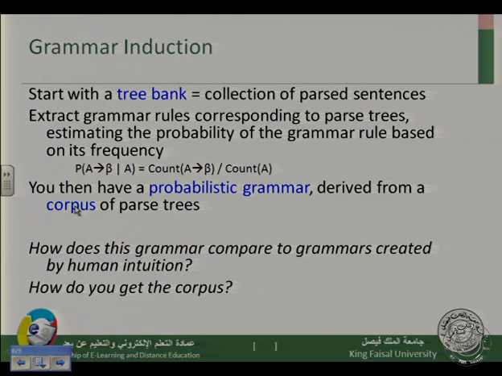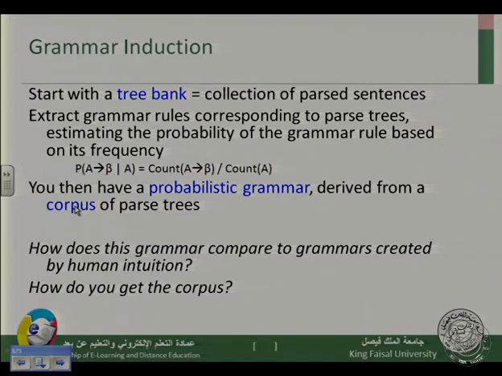How do we get this corpus? Easier said than done. We can easily say, well, start with a bank of trees. But how can we get them? It is very exhausting, and it's a painstaking job.